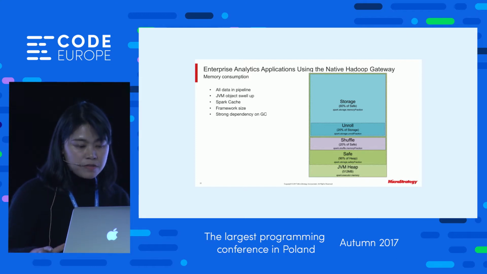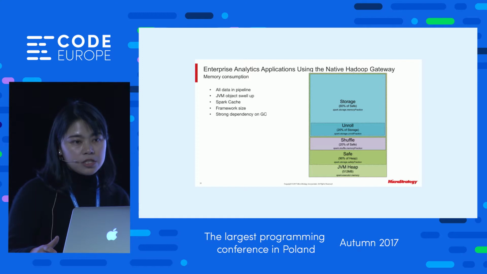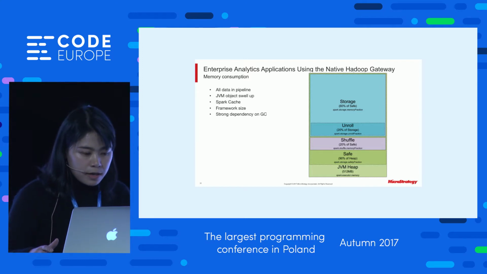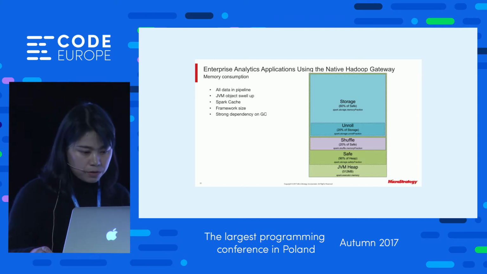Besides that, because JVM objects have very heavy headers, if you load 10 megabytes of data into memory in Java, it will not be just 10 megabytes, it will be a lot more. And because Spark supports cache, if you put some RDD into cache, it will first be loaded in memory. And if your strategy for the cache is memory only, it will stay in memory forever.